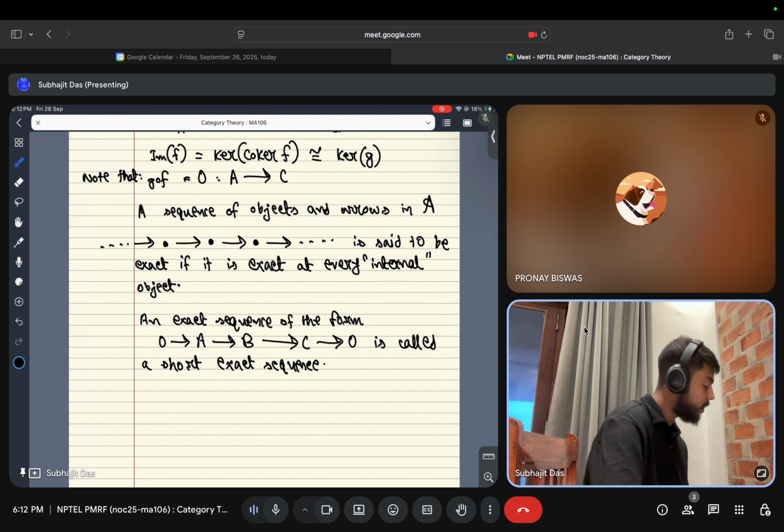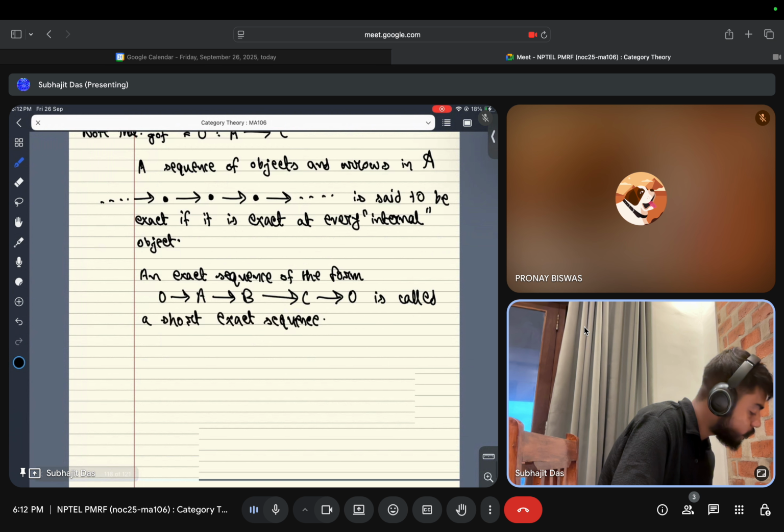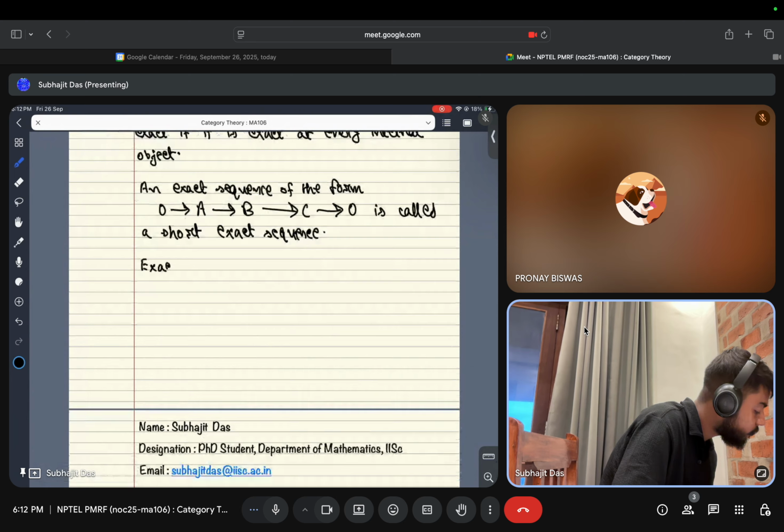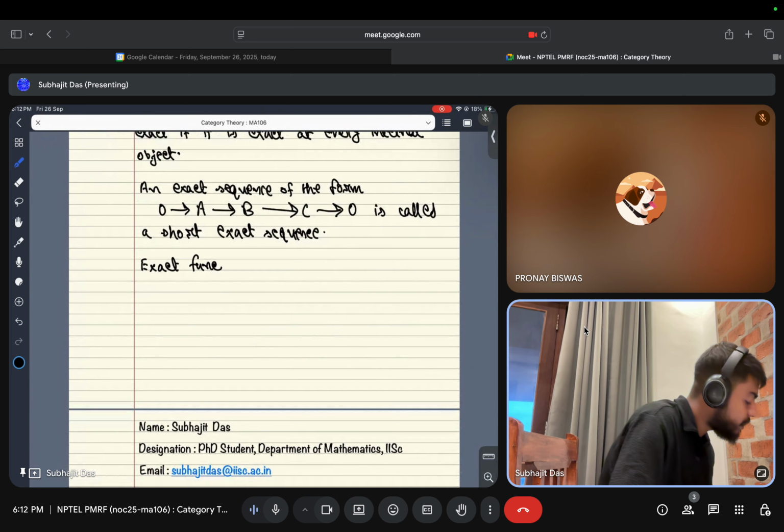So what else? You also studied the very important notion of an exact functor. So what is an exact functor?